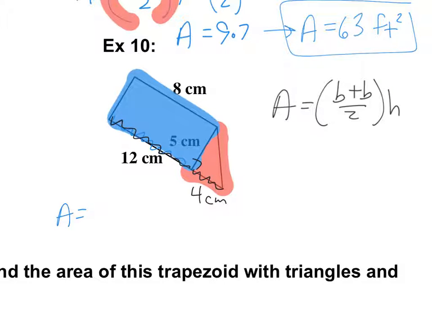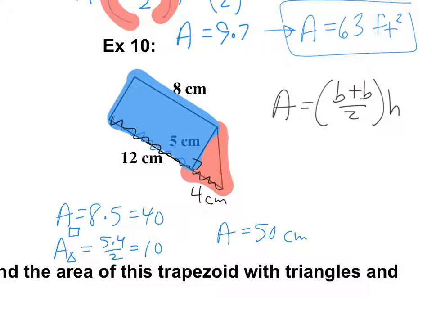I'm sorry, that's not right. 8 times 5. That's the rectangle, so that's 40. And the triangle is 5 times 4 divided by 2. So that's 20 divided by 2, or 10. So the total area should be 40 plus 10, or 50 square centimeters. Now, let me show you what the answer would be if we use the formula.